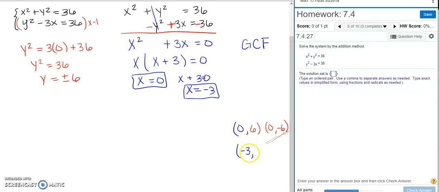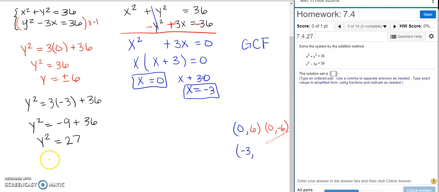Okay, so let's try plugging in -3. If I plug in -3 into the same thing, okay, so I get y squared equals -9 plus 36. So y squared equals 36 minus 9 is 27.